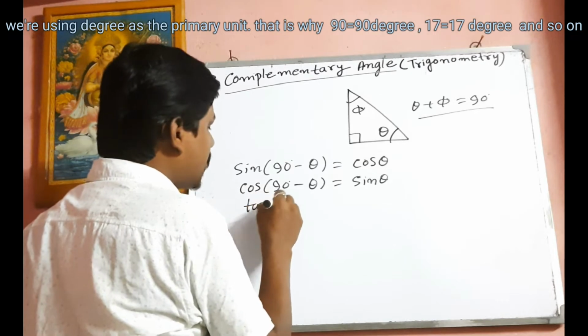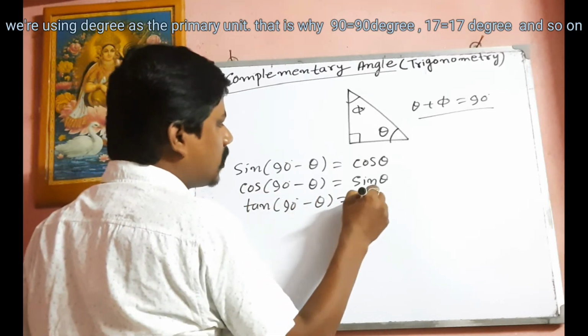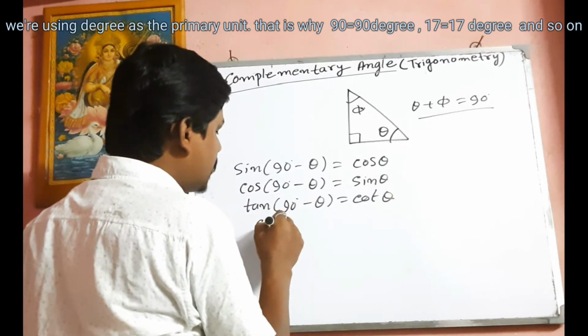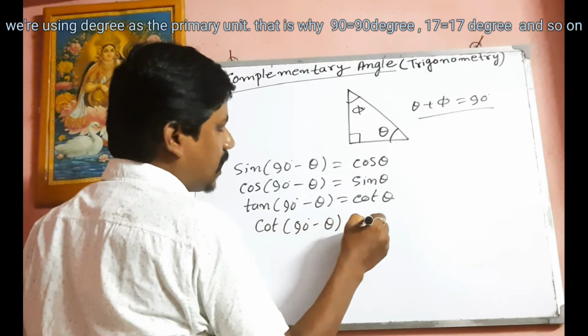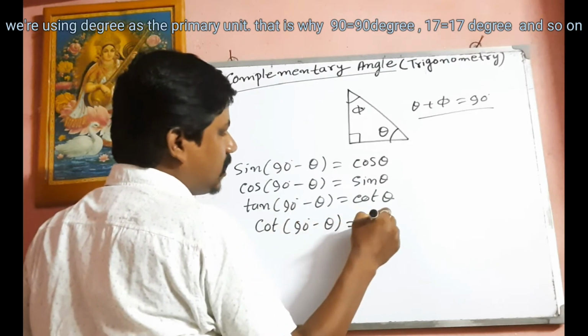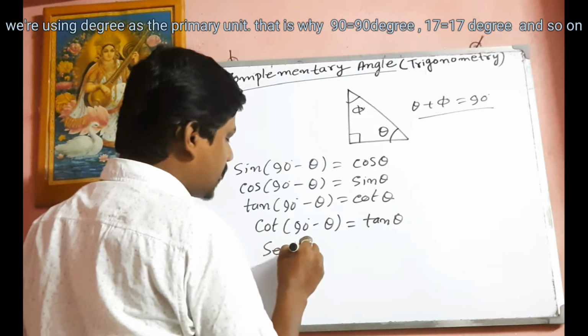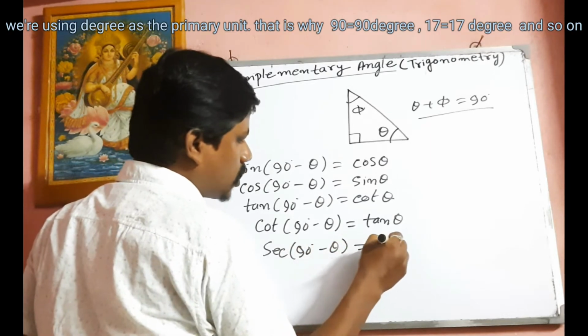Tan of 90 minus theta will be cot theta. Cot of 90 degrees minus theta is equal to tan theta. And sec of 90 minus theta is equal to cosec theta.